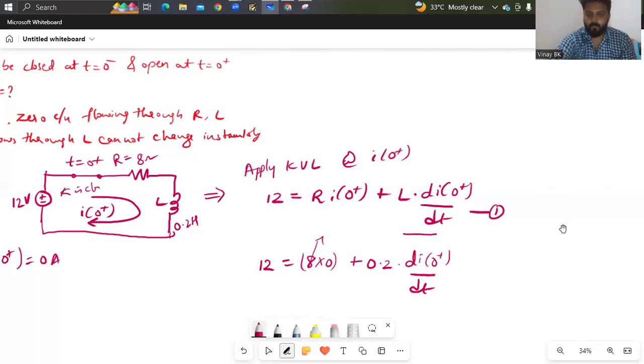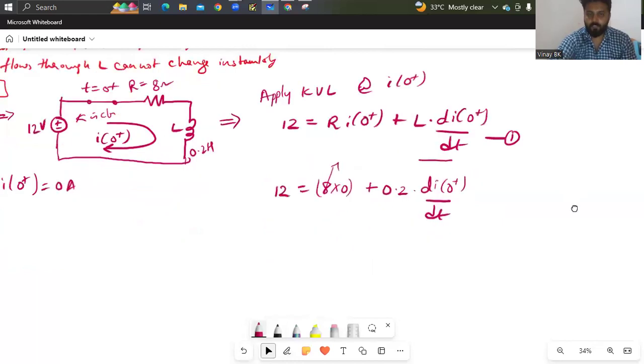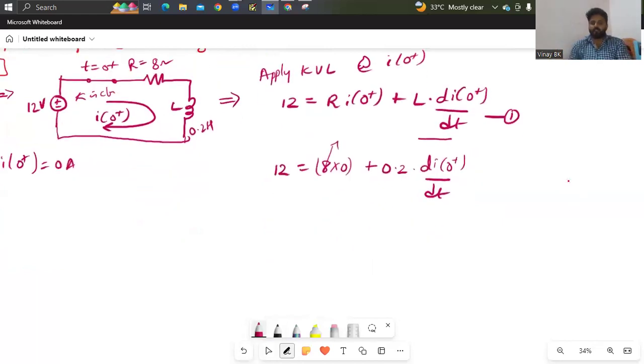So now we can get the derivative of current, that is di of 0 plus divided by dt. You'll get di of 0 plus divided by dt equals 12 divided by 0.2. Just calculate the value of 12 divided by 0.2, which is nothing but 60.